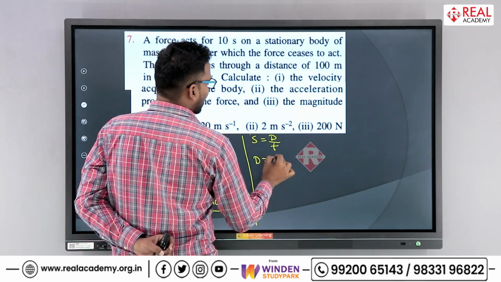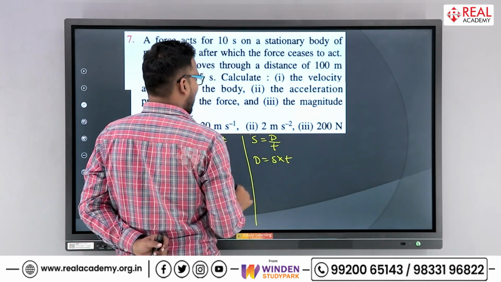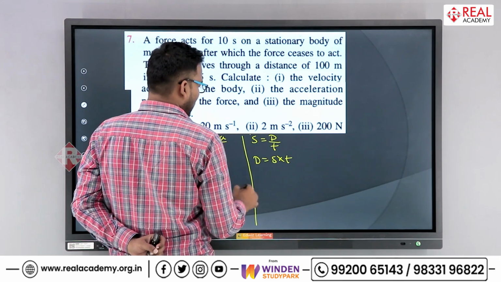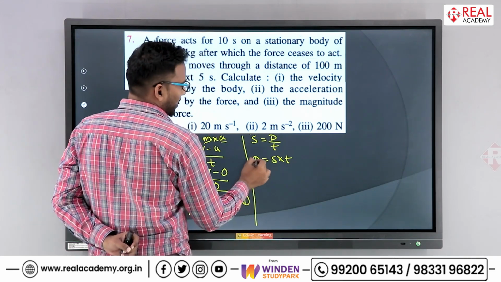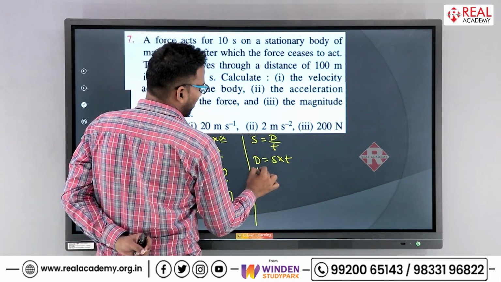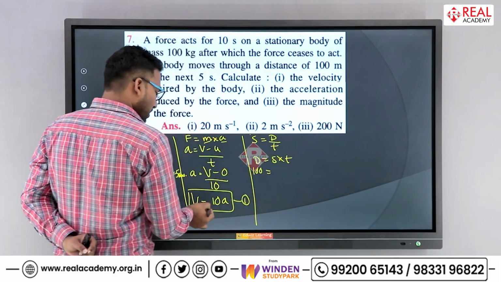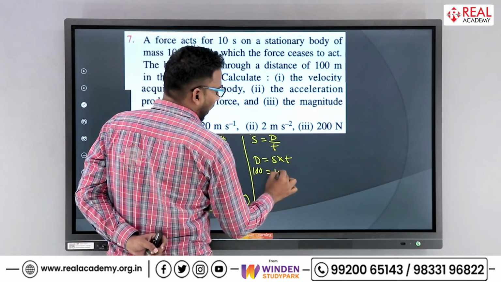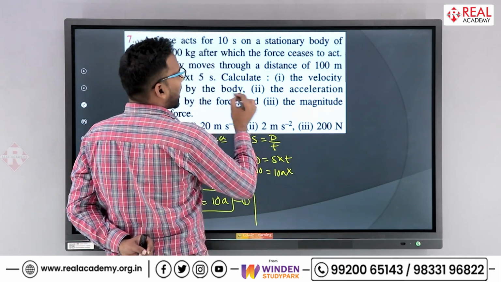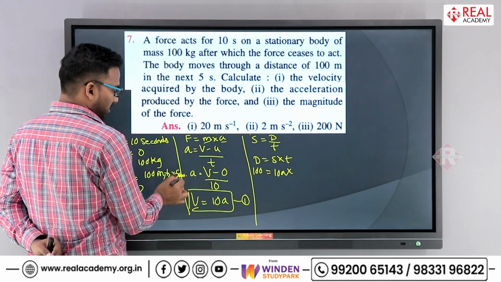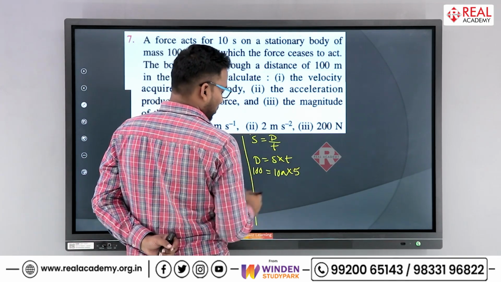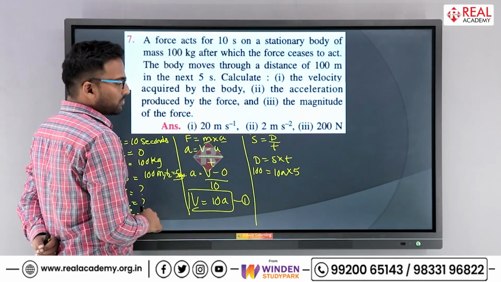So distance is speed into time, right? How much is the distance? 100 meter. What about speed? Velocity is 10a. And what is the time? Time is the next 5 seconds. So from this we can calculate acceleration.